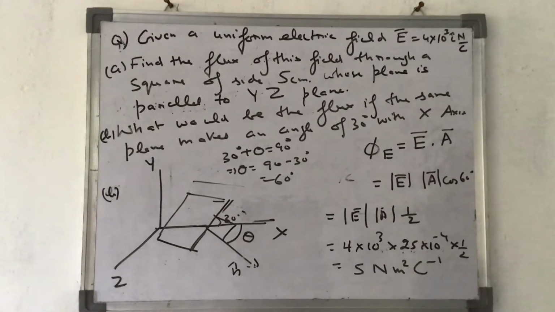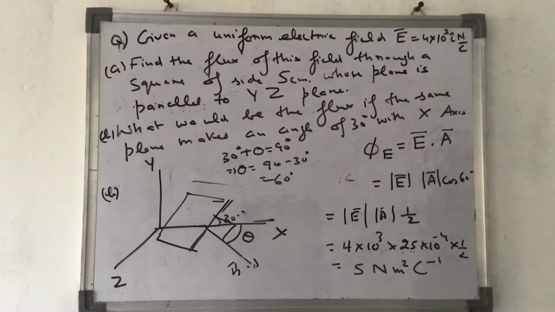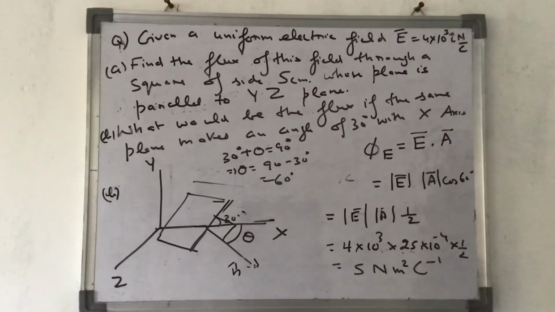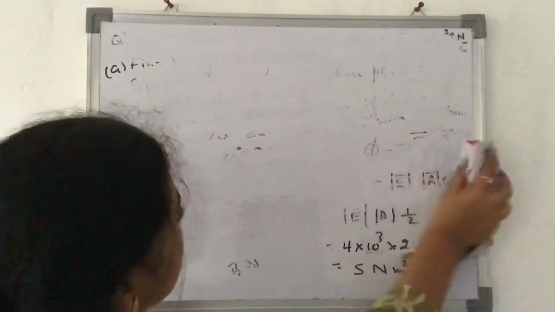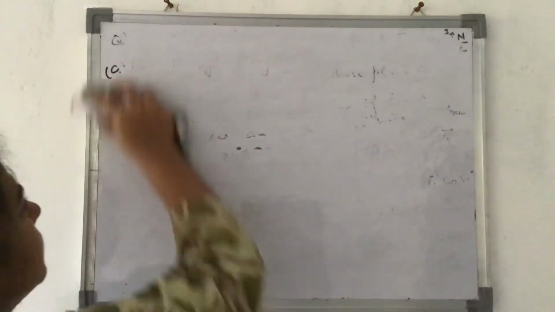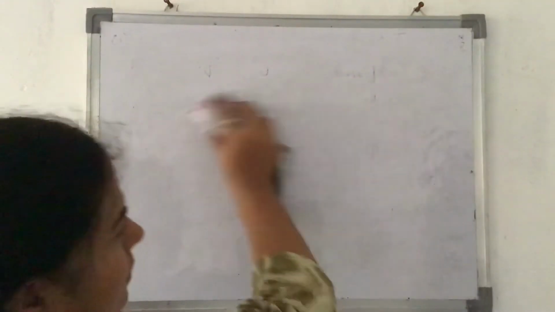Now I come to the next question. In the next question, I'm considering again an electric field which has components in all directions.